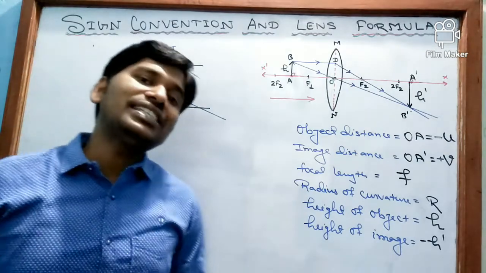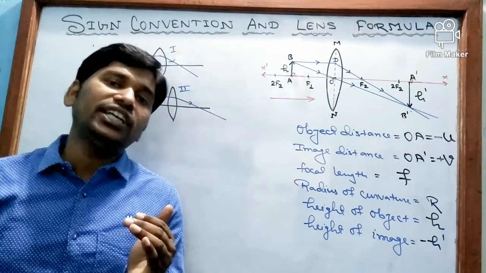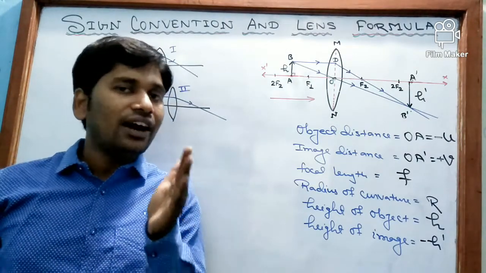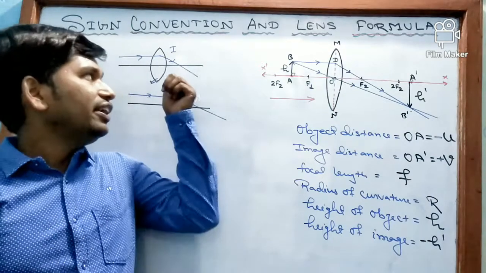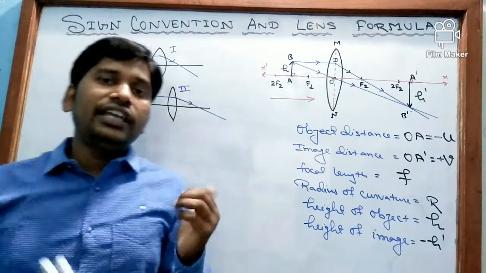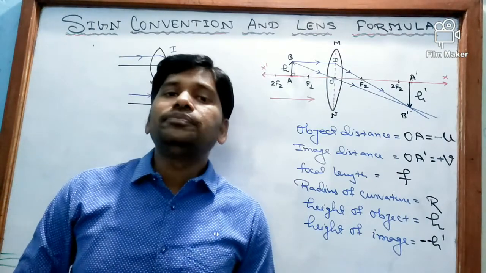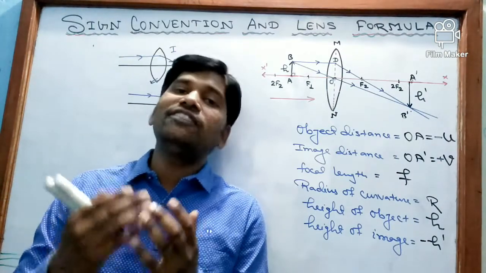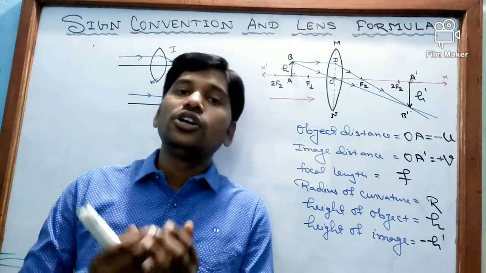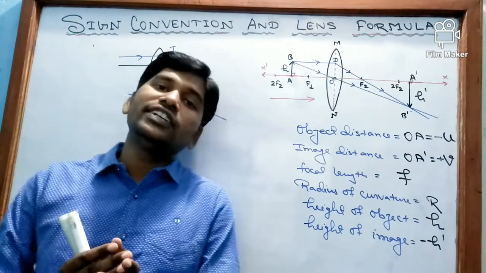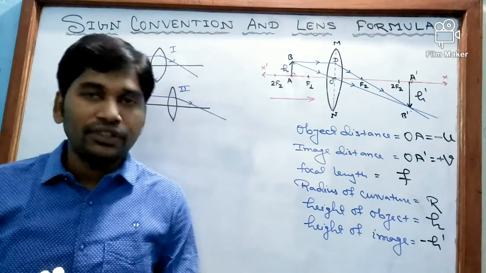So power of lens is the measure of deviation produced by a lens after refraction, in case of both concave and convex. We can also say the power of lens is the ability of a lens to diverge or converge the ray of light.